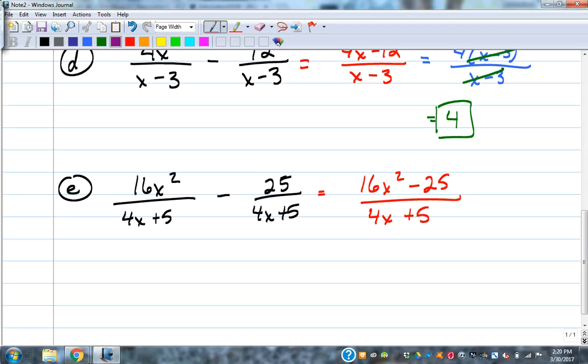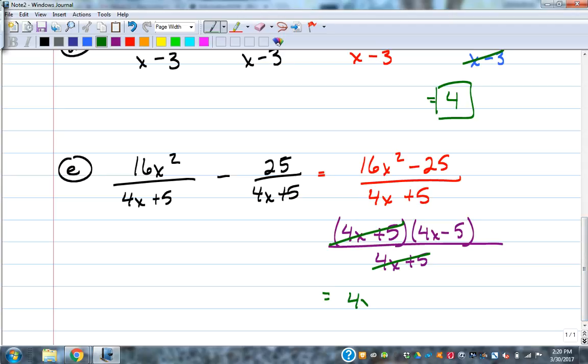What do we know about the numerator? It's the difference of squares. That's right, Trevor. So how does it factor? Good. And then 4x plus 5 on the bottom. Cancel out one of those, and we get 4x minus 5.